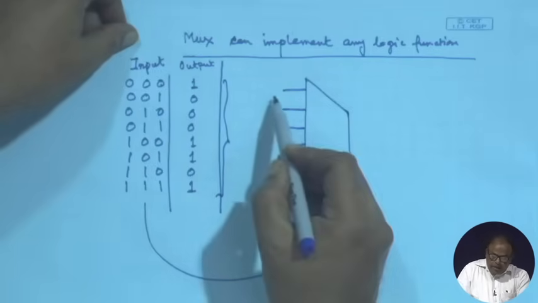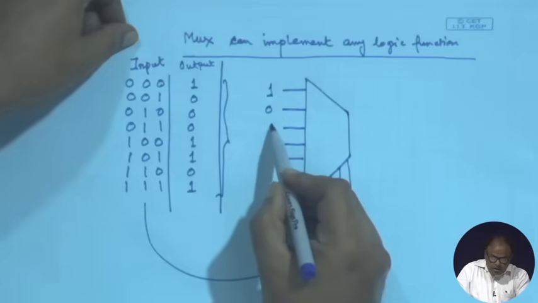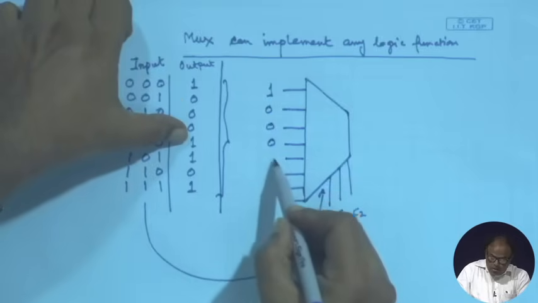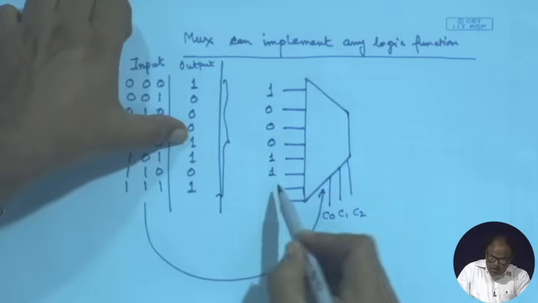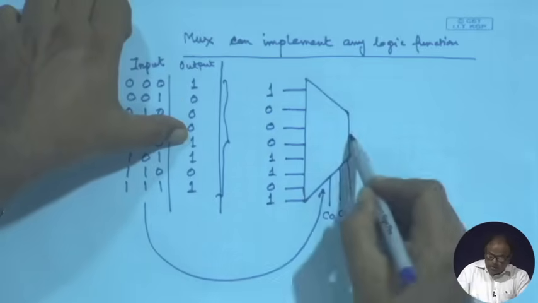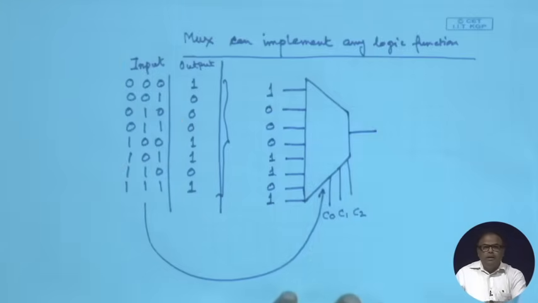Now, I can put in this as 1, this as 0, this as 0, this as 0, this as 1, 1, 0, 1, and here is my output line.